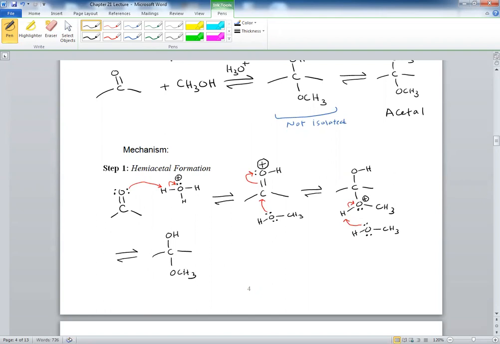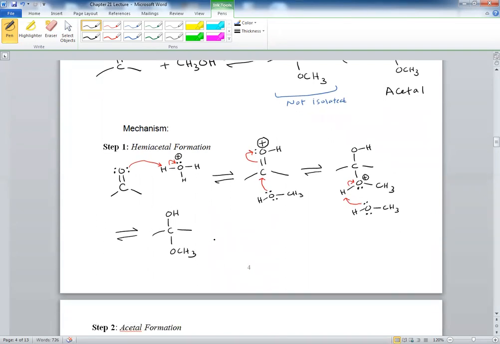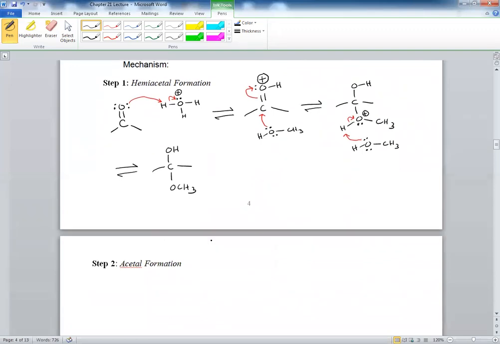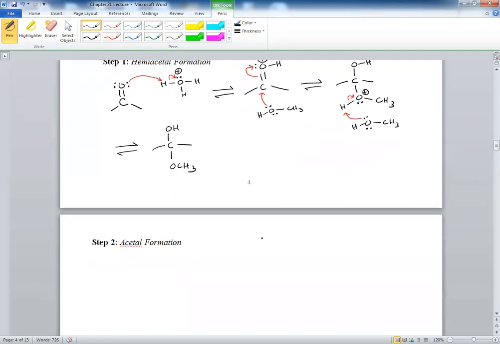And here's the hemiacetal formation. Now let's go to the acetal formation, which is a few more steps to again get to the acetal.